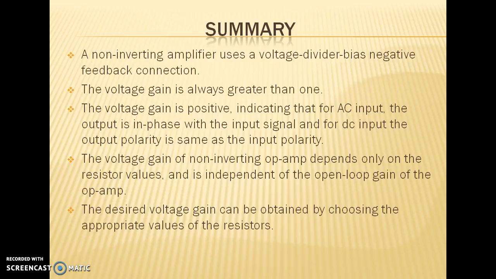The voltage gain is positive, indicating that for AC input, the output is in phase with the input signal, and for DC input, the output polarity is same as that of the input polarity. The voltage gain of non-inverting op-amp depends only on the resistor values and is independent of the open loop gain of the op-amp. The desired voltage gain can be obtained by choosing the appropriate values of the resistors.